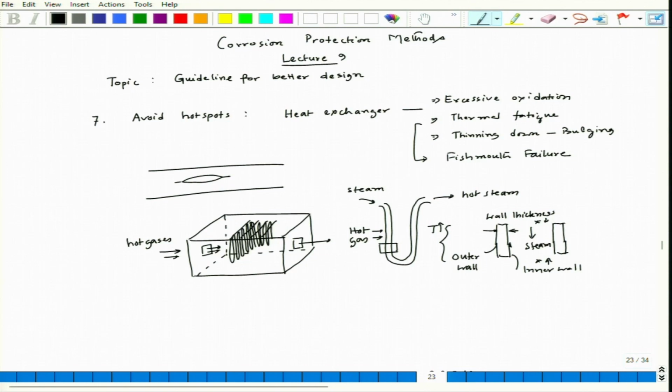But if the temperature goes beyond the operating temperature range, then there could be excessive oxidation. Let us say local oxidation is taking place, that could lead to a decrease in the metallic component of the wall. Outside is also getting oxidized, definitely.